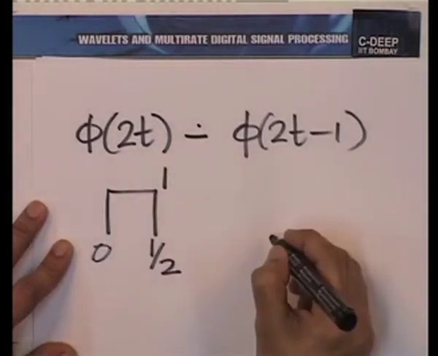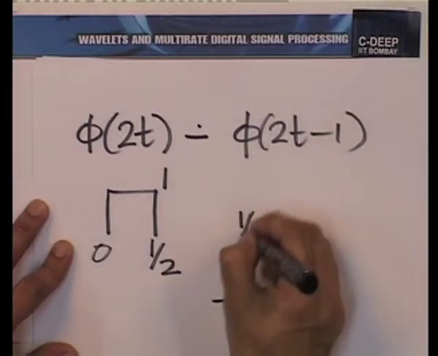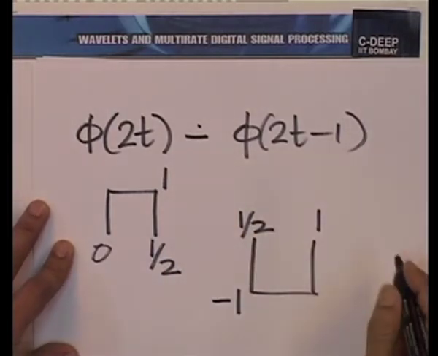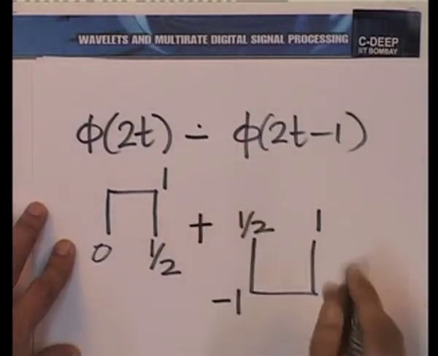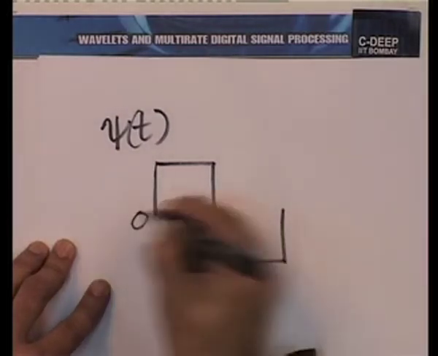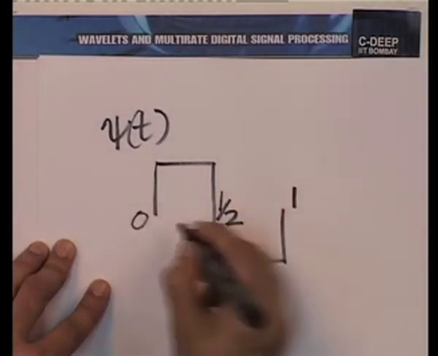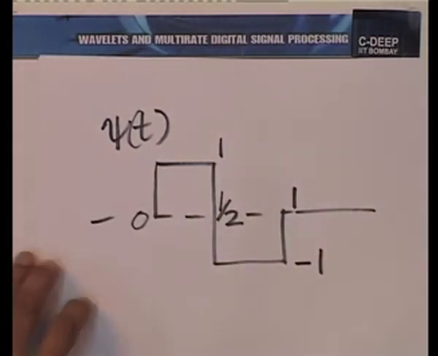This is phi of 2t, this is minus phi of 2t minus 1. And when we put these two together, we get psi t. There we are. We have completed this iteration and building phi t and psi t starting from h n and g n.